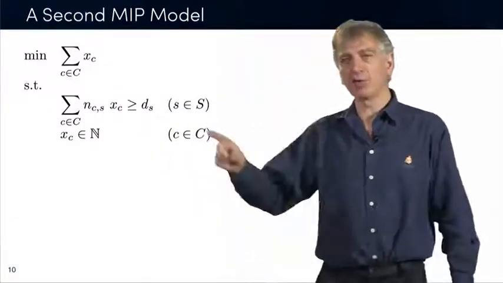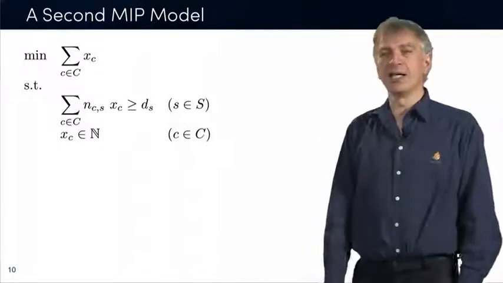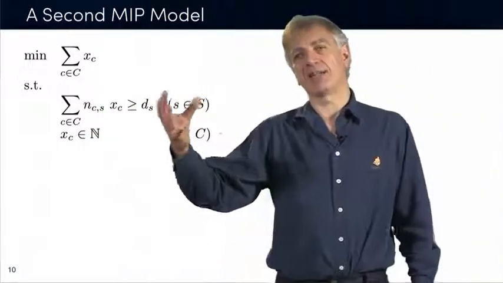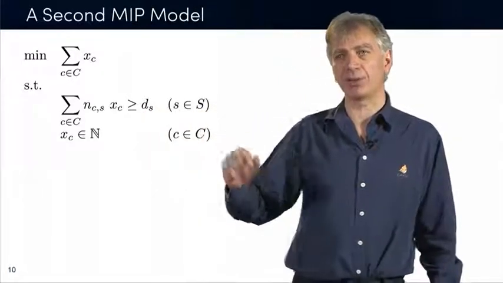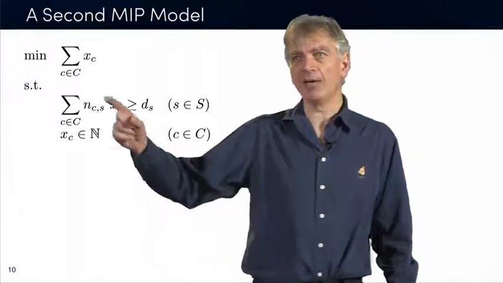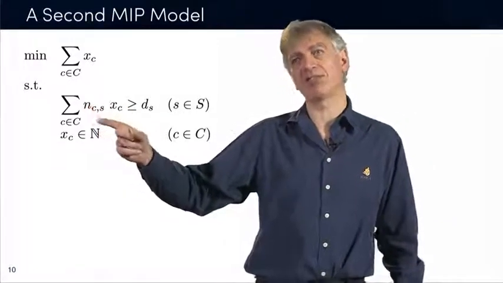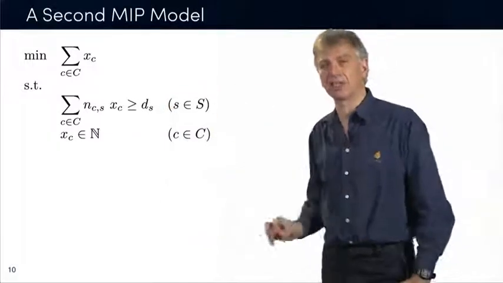And then you have really only one constraint, which is that I need to meet the demand. And how do you do that? Well, you have the number of configurations of type C that you are cutting, XC. For every one of the types of shelves that you are requesting, there is a number NCS.